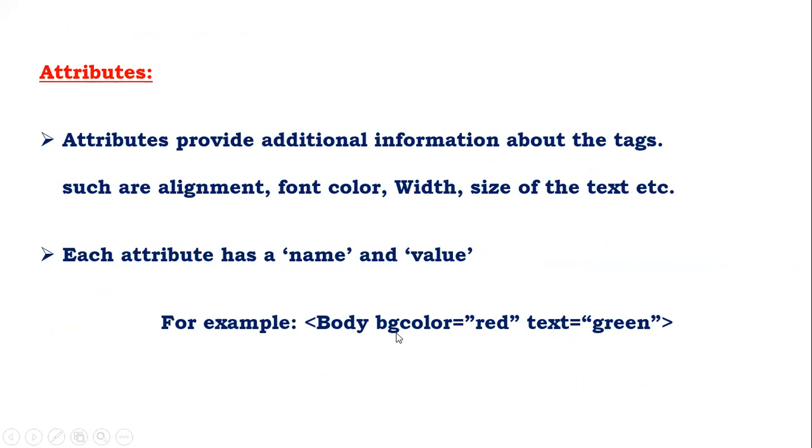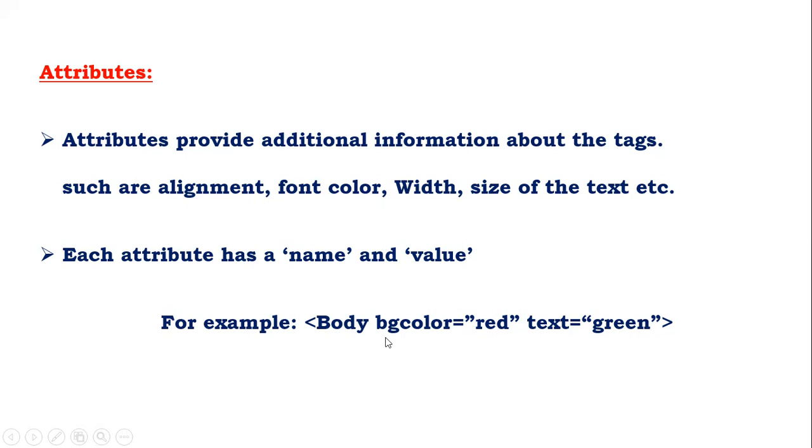To change the background color of your web page, we use the bgcolor attribute, and here I have mentioned red, so that the web page background color will change into red, and the text that you have mentioned in between the body tag becomes green.